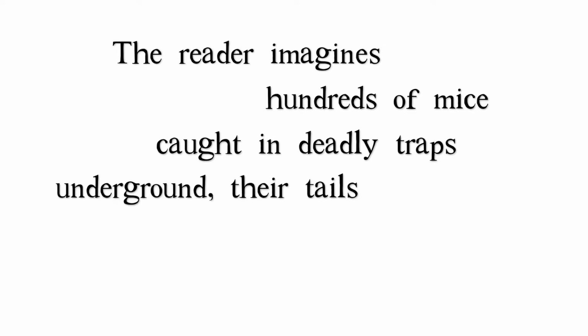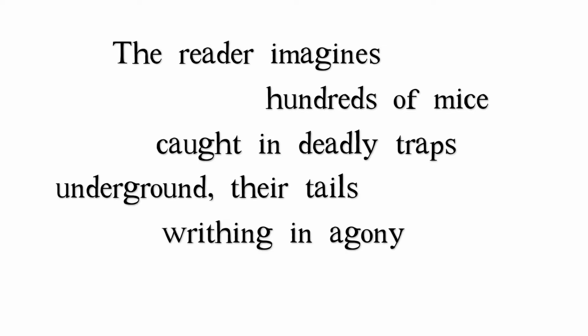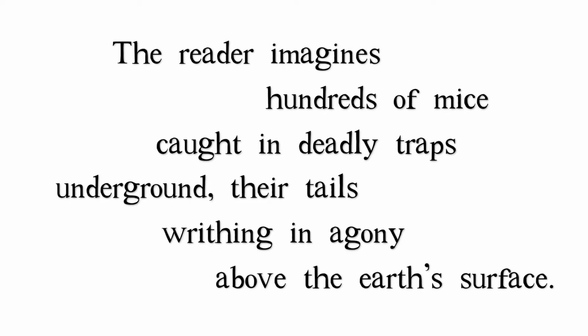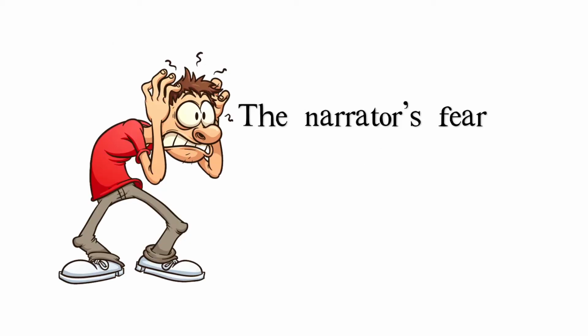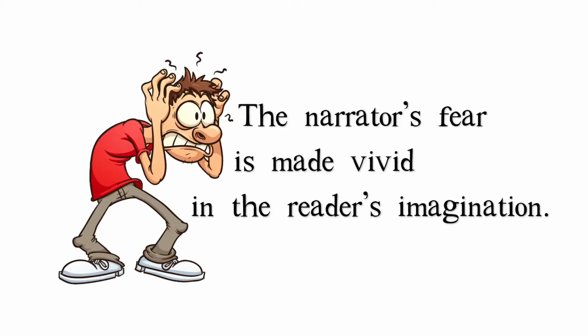The reader imagines hundreds of mice caught in deadly traps underground, their tails writhing in agony above the earth's surface. The narrator's fear is made vivid in the reader's imagination.